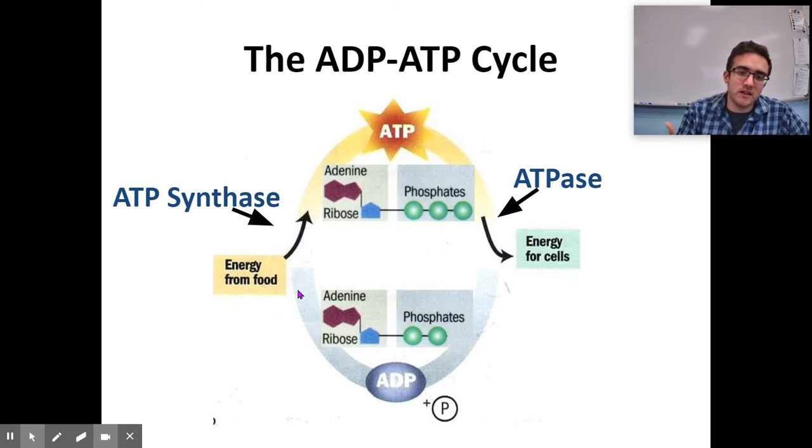Boom, and there's your cycle. This is a cycle because the energy released from the ATP is then used to make more ATP. Kind of weird when you think about it, but it's a cycle. So, okay, that's all hunky-dory. That's how a cycle works.